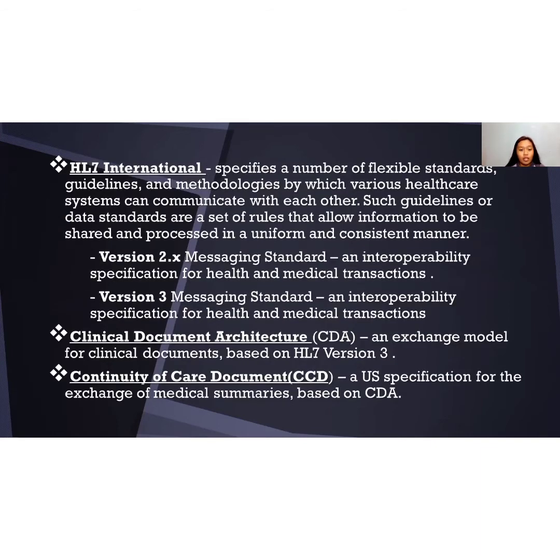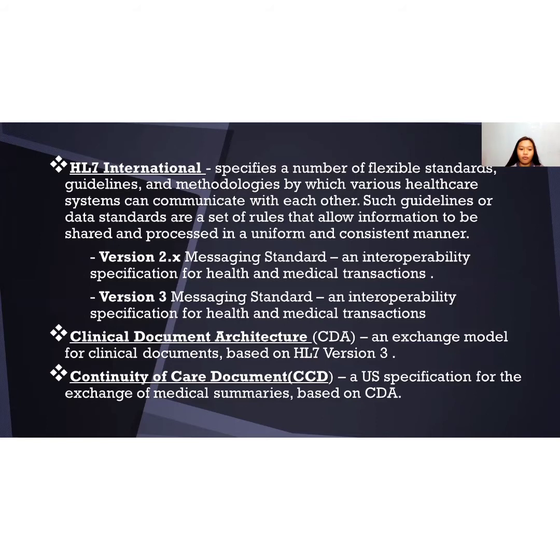HL7 International specifies a number of flexible standards, guidelines, and methodologies by which various healthcare systems can communicate with each other. Such guidelines or data standards are a set of rules that allow information to be shared and processed in a uniform and consistent manner.